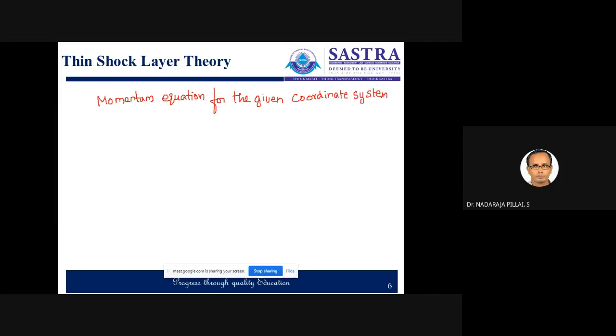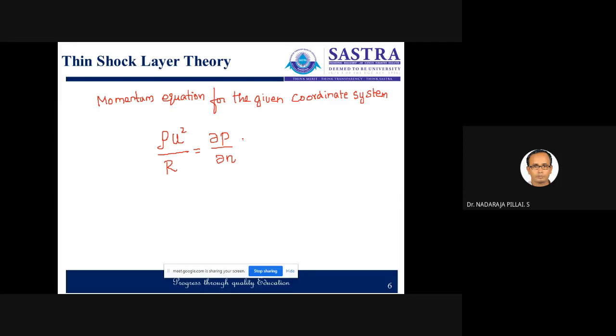We can write it as rho u square by r equals the change in pressure, dou p by dou n.